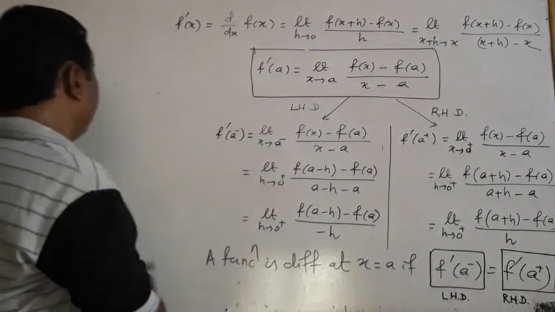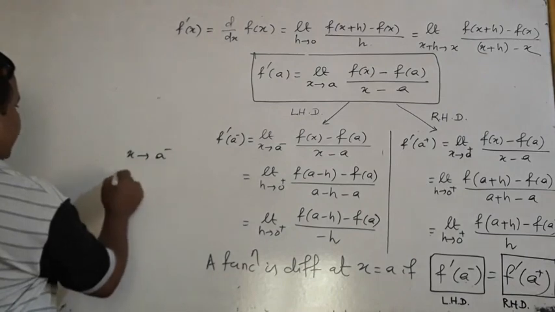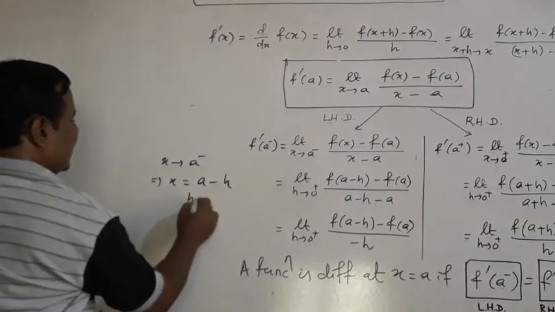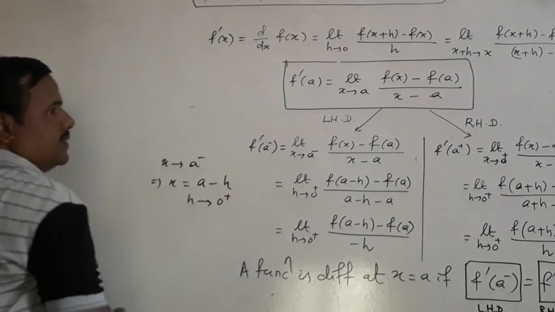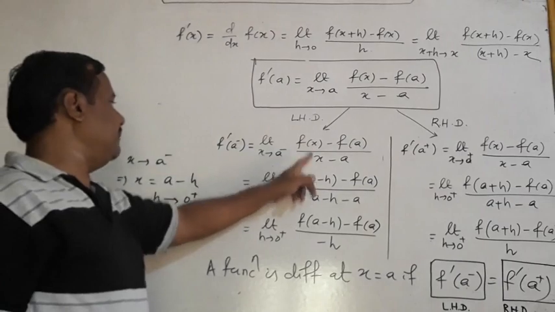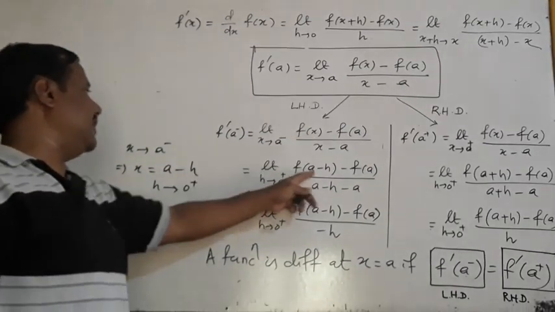And you know what x tends to a minus means? x tends to a minus means x is equal to a minus something. That something is a positive thing, h tends to 0 plus. In place of x, I am writing a minus h.